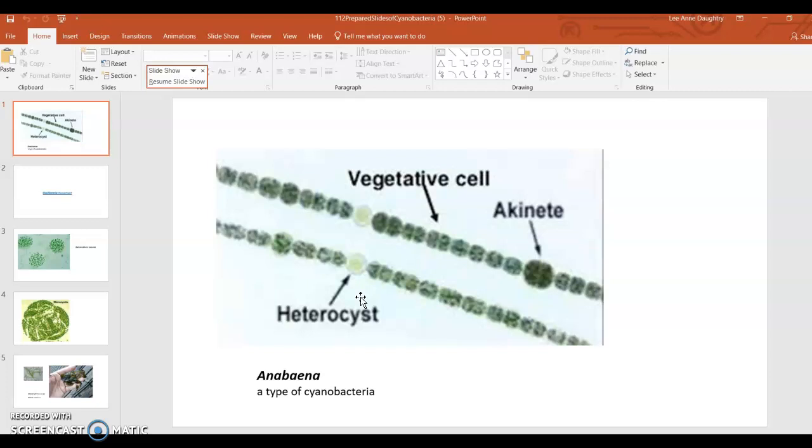So living things can't just take nitrogen from the atmosphere and use it. Nitrogen gas in the atmosphere is not usable by living things, but living things need nitrogen. They need a source of nitrogen because our proteins and our nucleic acids, like DNA and RNA, all contain nitrogen. So we have to be able to get nitrogen into our cells.